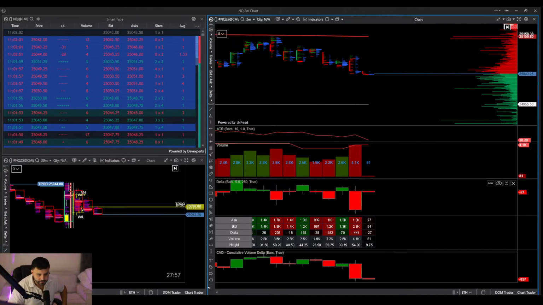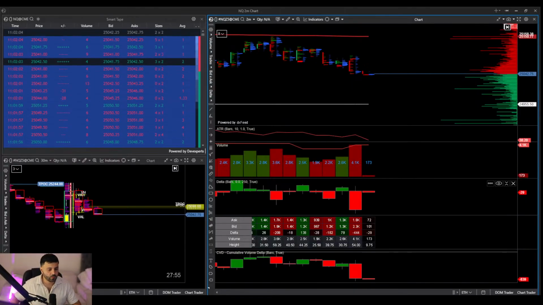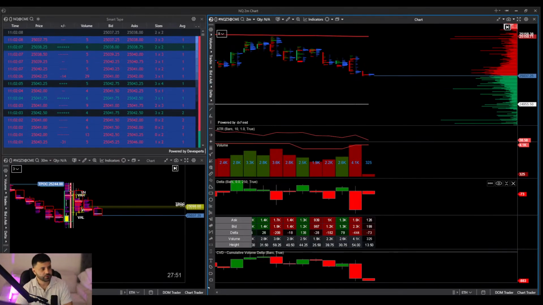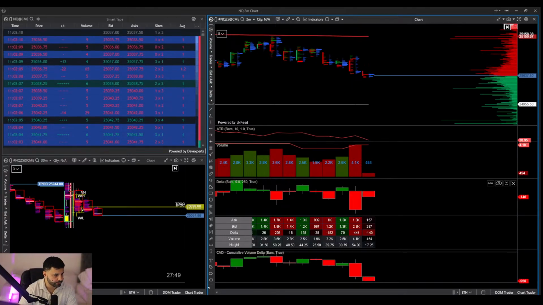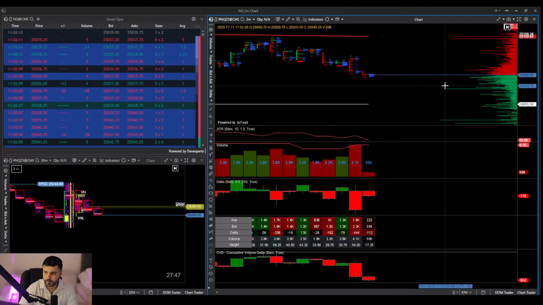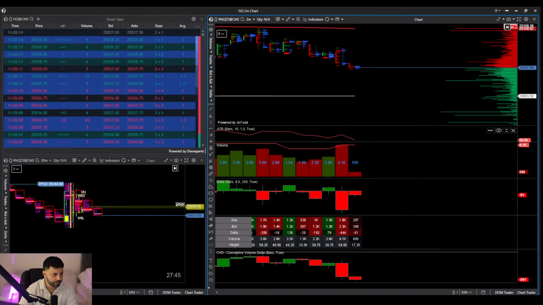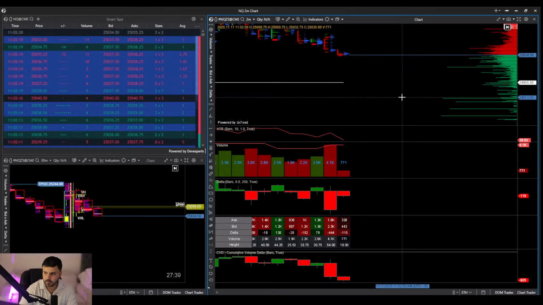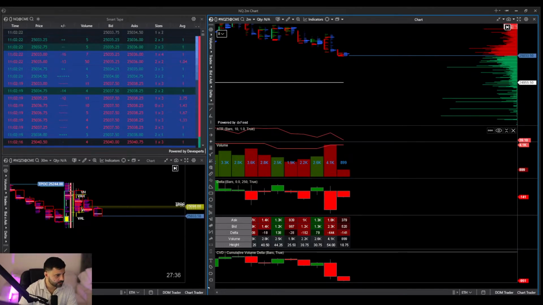Okay, man. Yeah, you can see now, chopped it, now getting under. Starting to flush. See what ES is doing.